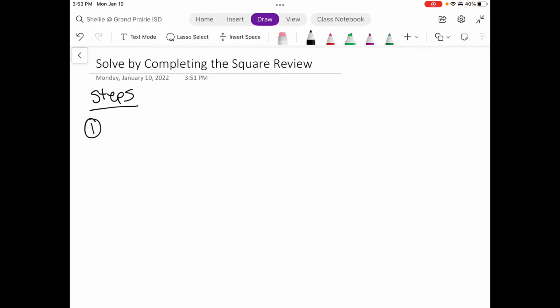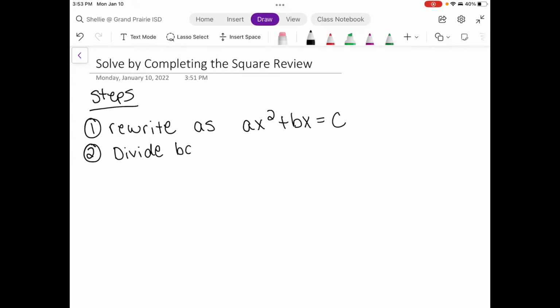The first step you want to do is rewrite your equation in this particular form: ax squared plus bx equals c. So basically you want the constant isolated. The next thing you're going to do is divide both sides by a.